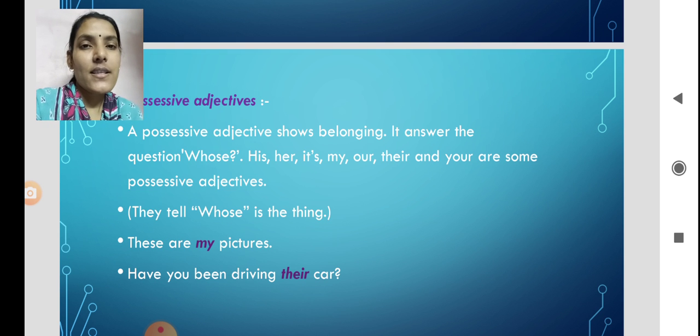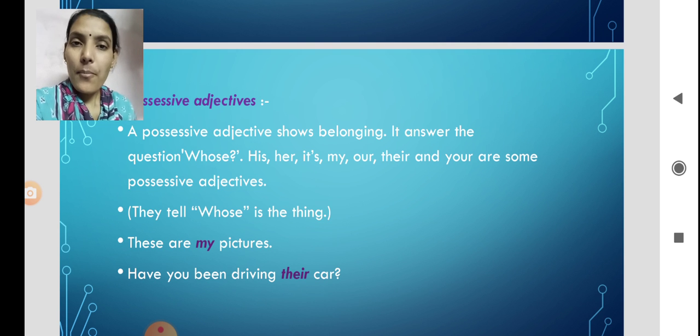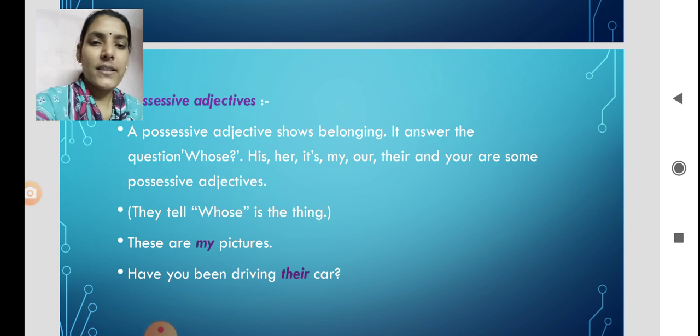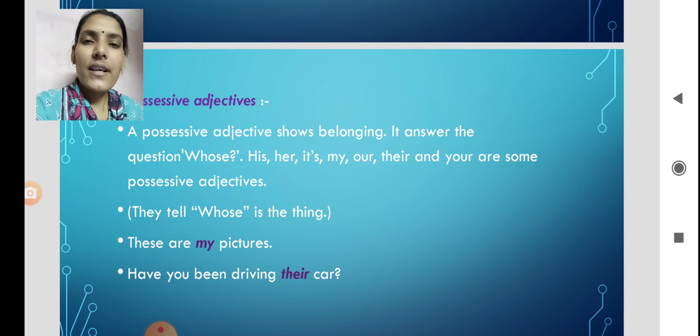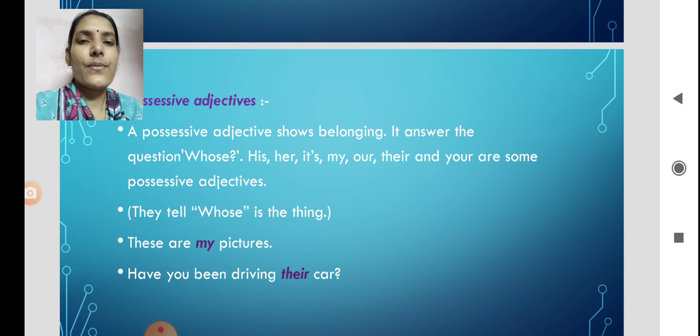These are my pictures. Whose? Mine. Have you been driving their car? Their is a possessive adjective.